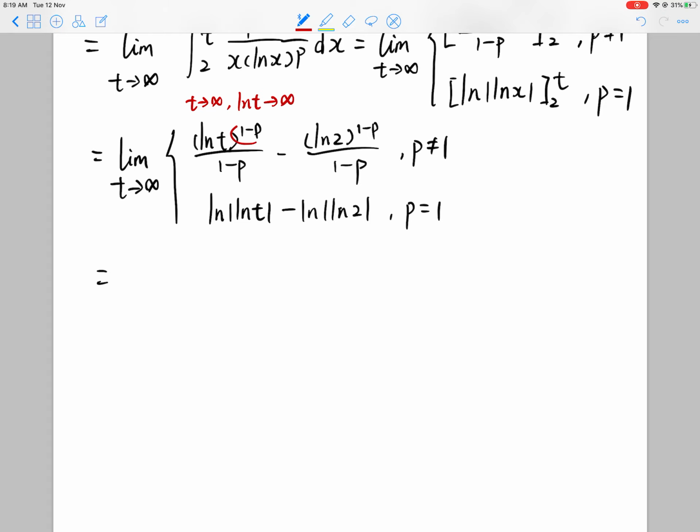So if this power is positive, then this thing is approaching positive infinity, and this is also positive. So the whole thing is approaching positive infinity if your power is greater than 0, which means p is smaller than 1.